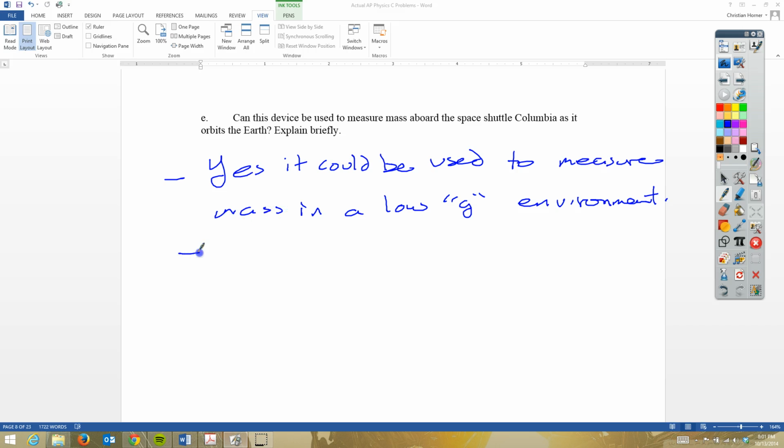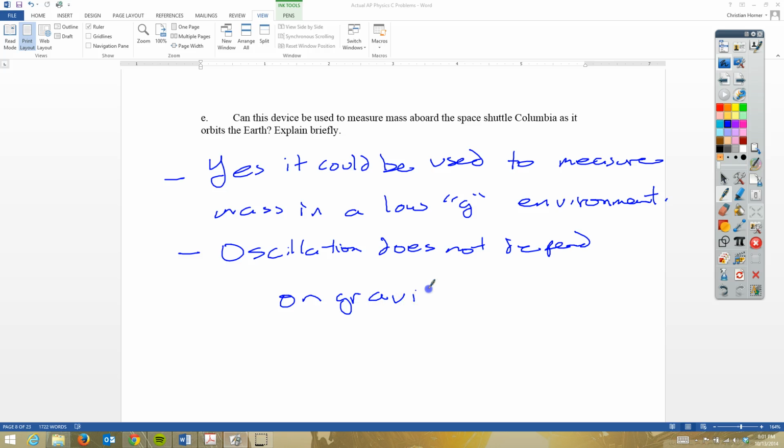So all you have to do is say the oscillation, or that moving, the oscillation does not depend on gravity. Instead, it depends on the springiness of our little device. So those are the two things you need in order to get those last 2 points. And that is how you answer that very simple AP Physics problem.